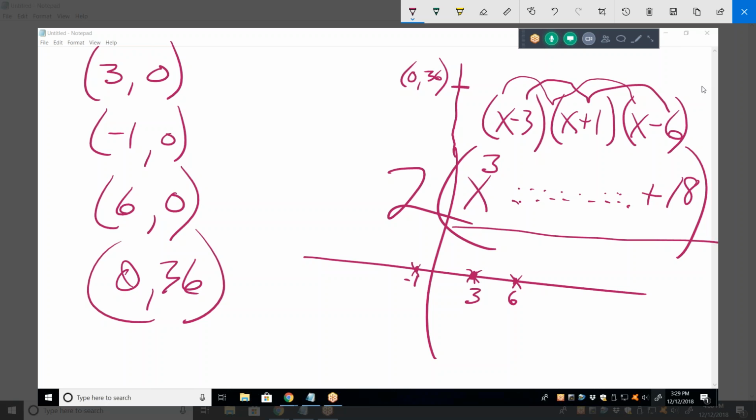Yes, because this is not a problem asking for the least degree. The least degree would be this one here. They're structuring it a little bit differently by telling you what this last number has to be. What that means is you find the least degree and multiply it by whatever number you need to make that 36.